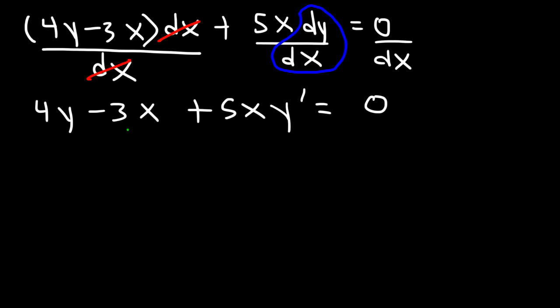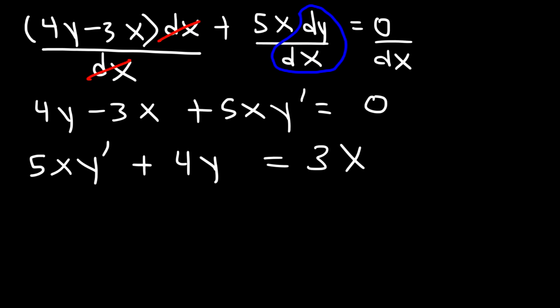So therefore, I'm going to move the negative 3x to that side. And I'm going to write this term first because it has the y prime. So we have 5x y prime plus 4y is equal to 3x. Now this form looks more familiar. However, we need to make this a 1. So we need to divide every term by 5x.